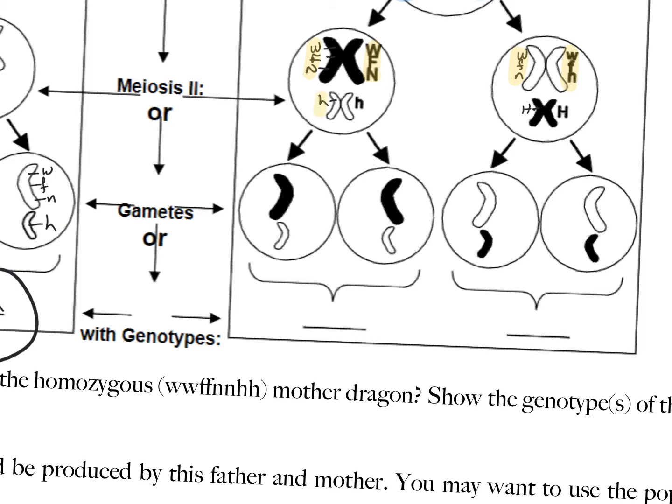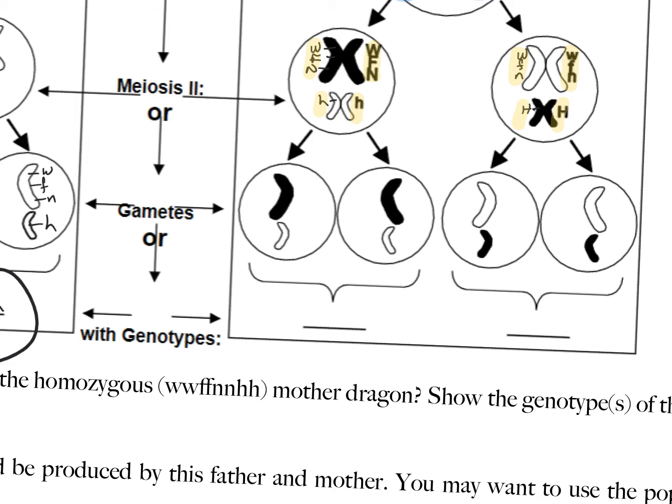And of course, this is moving separately as well. These are independently assorting, but these 3 genes don't independently assort because they're on the same chromosome and they're close together. So these 3 don't independently assort, but these 3 versus this one, these 2 do independently assort. That's why we have these 4 possible gametes.